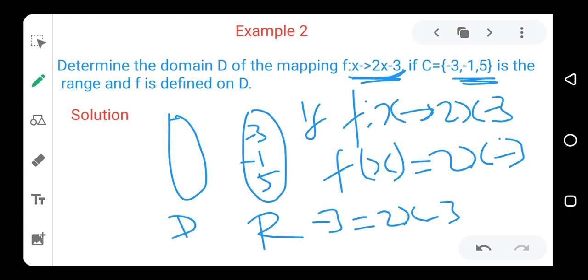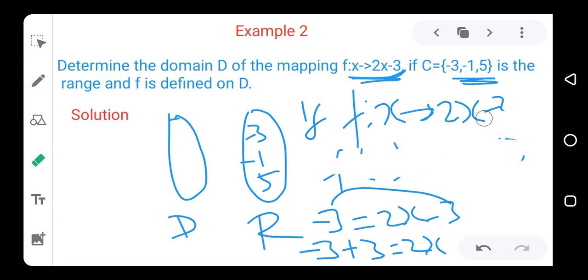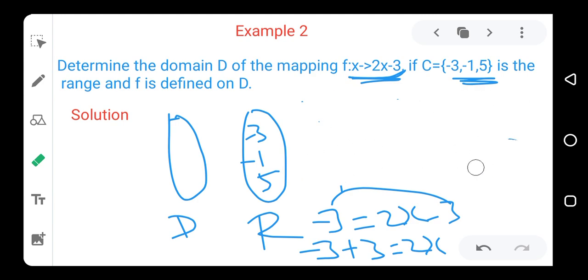And so minus 3, this coming to this side, plus 3 is equal to 2x. And that gives us 0, minus 3 plus 3 is equal to 0, is equal to 2x, and then our x is equal to 0.